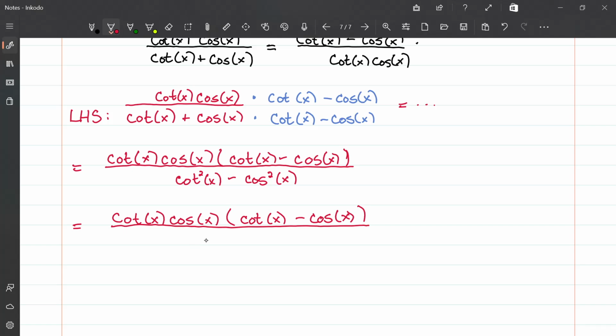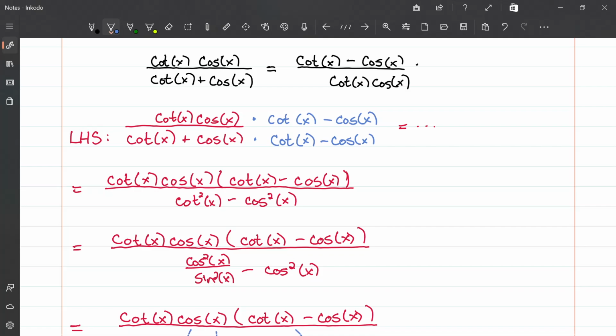So, cotangent squared, well, cotangent really means cosine over sine, so that must be cosine squared over sine squared minus cosine squared. And now all of a sudden I see an opportunity. Both of these terms in the denominator have a factor of cosine squared. Let's factor it out. Let's see if that makes things any easier.